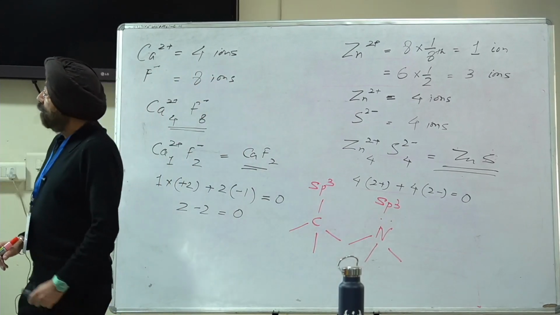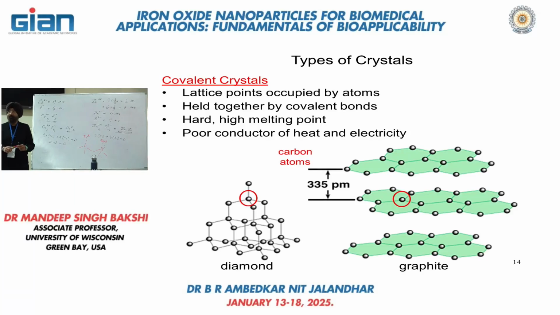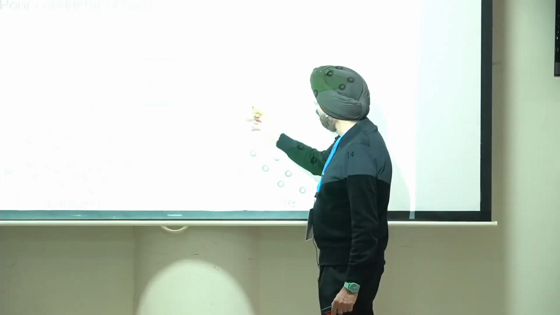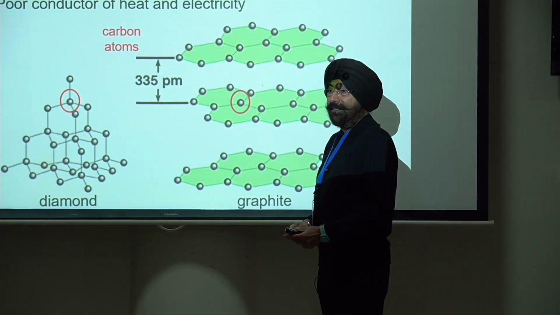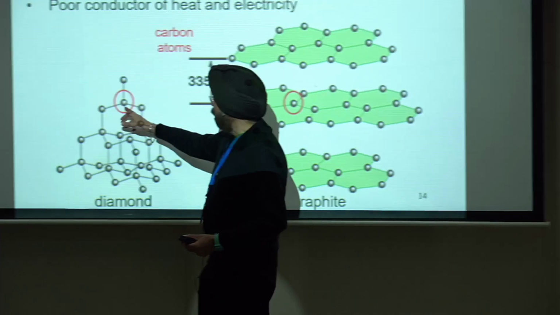But here, do you see the lone pair on the carbon in the case of graphite? No. So it is sp2 hybridization. It's triangular planar. You see the triangular planar? That is the shape of the molecule, right? This one is tetrahedral.